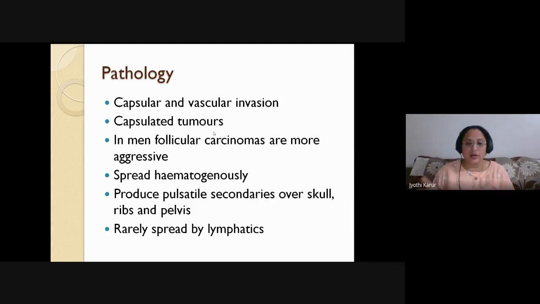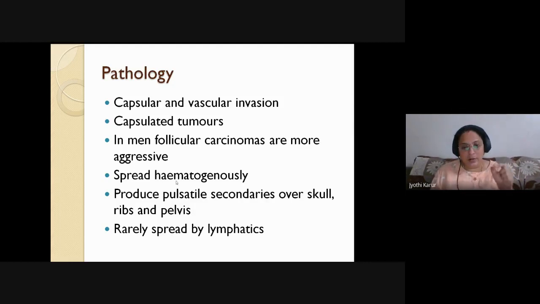Exclude any bony involvement, and then excise the tumor. Don't be in a hurry to excise any tumor you encounter. They rarely spread by lymphatics. There are no absolutes in medicine. They predominantly spread by the hematogenous route, but very rarely by the lymphatic route.